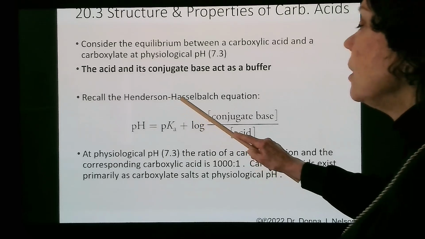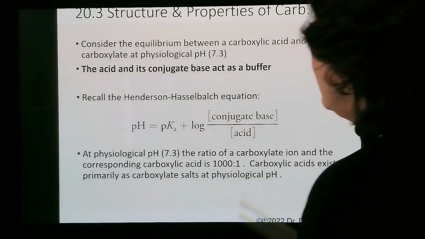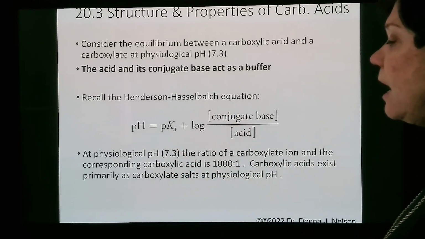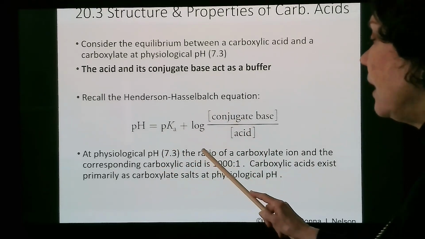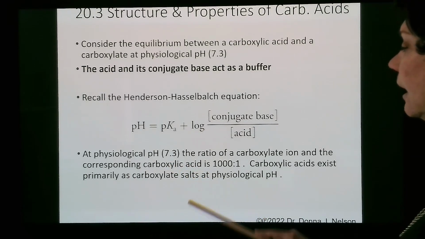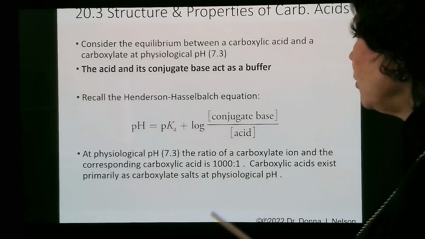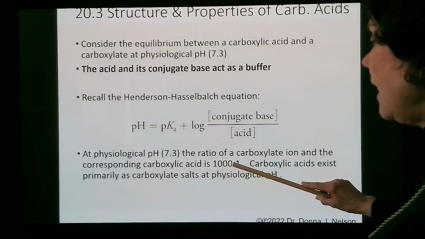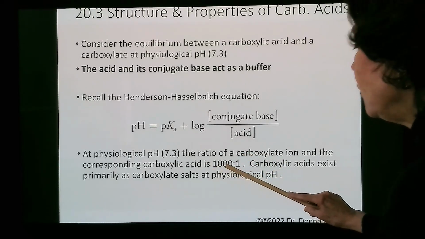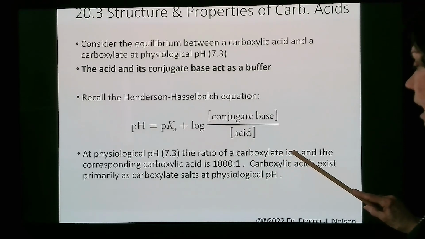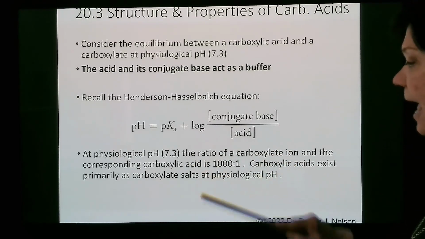Recall the Henderson-Hasselbalch equation here, which tells you that at physiological pH 7.3, the ratio of a carboxylate ion and the corresponding carboxylic acid can be calculated, and at physiological pH, that ratio is about 1,000 to 1 for the ion to the acid.